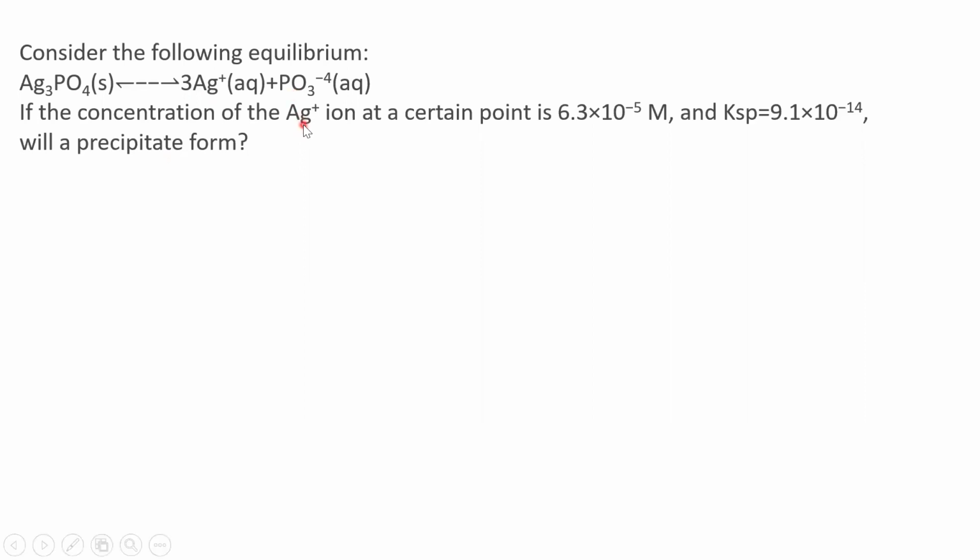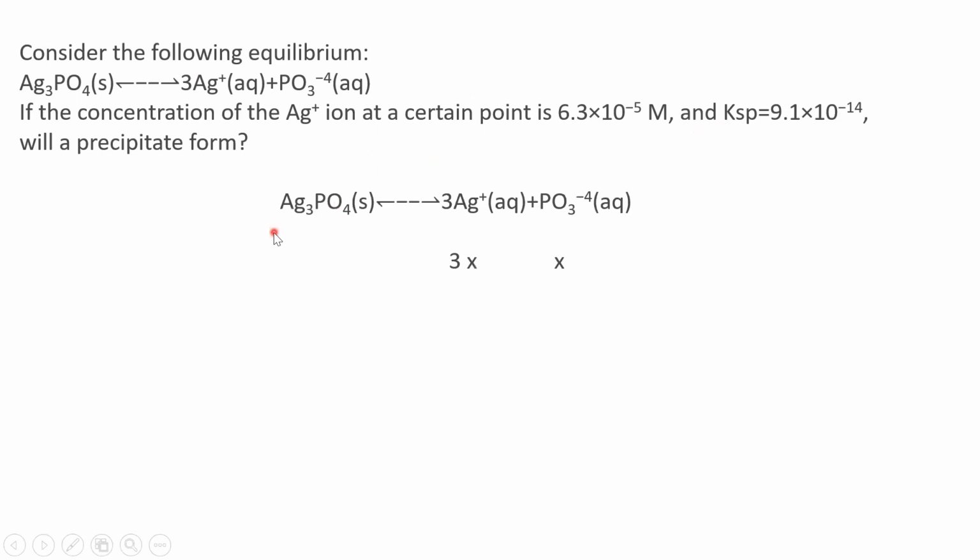We're given the silver ion is 6.3 times 10 to the minus 5. So we're given 3x. We want to calculate the phosphate ion, which would be x. Plug those numbers into our Q expression, and then compare that value to the KSP expression.